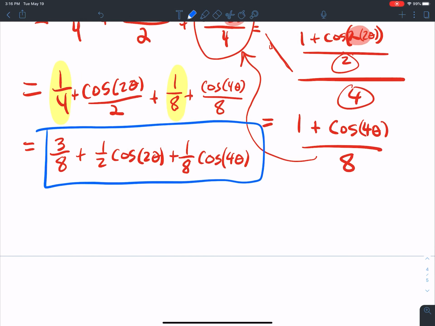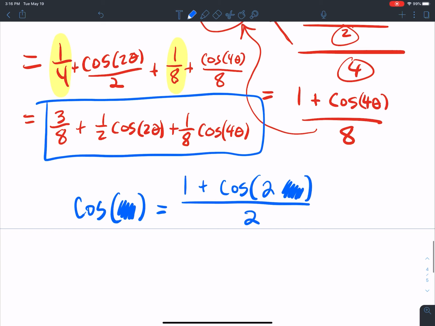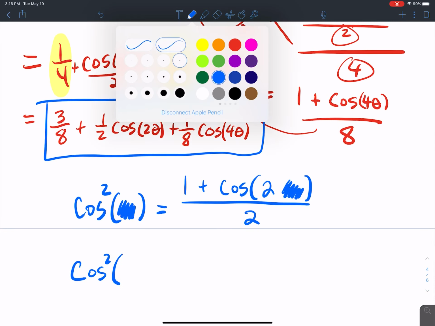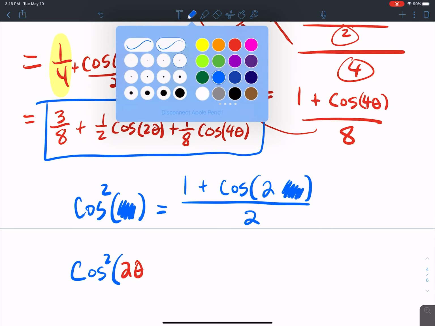But this would be, so cosine squared of blop equals 1 plus cosine of 2 blop over 2. Now the problem was my blop, so cosine squared of blop. Now what I had from my blop was cosine squared of 2 theta already in there, okay?